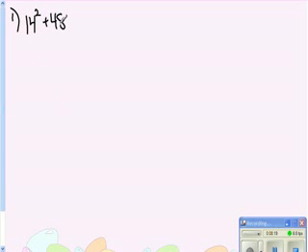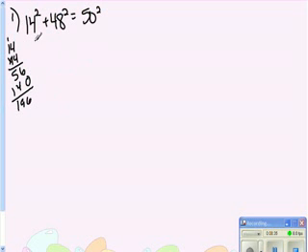So 14 squared plus 48 squared equals 50 squared. And you've got to do some math here. Most of us don't know those numbers off the top of our head. I don't. So I have 196, and then 48 squared.